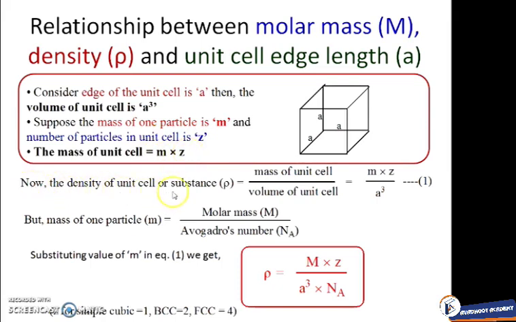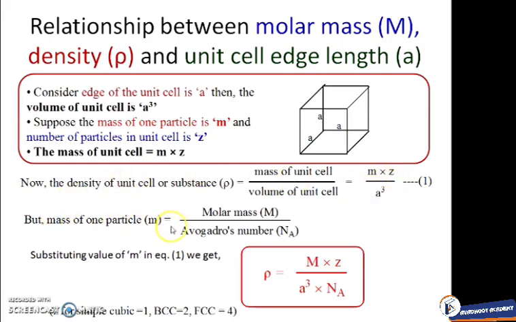Now the density of the unit cell or substance is the ratio of the mass of the unit cell upon the volume of the unit cell. Now the mass of the unit cell is m into z, that is the mass of one particle into the total number of particles, and the volume of the unit cell is a cube.